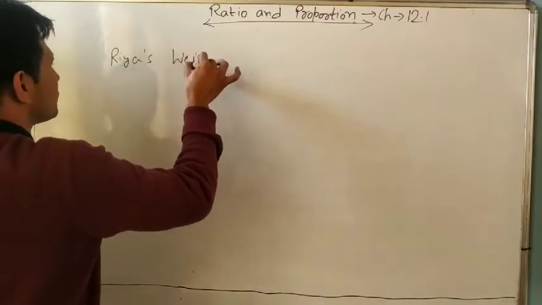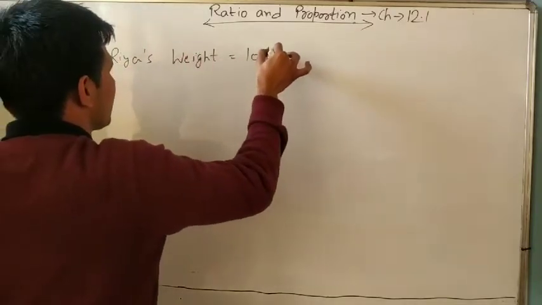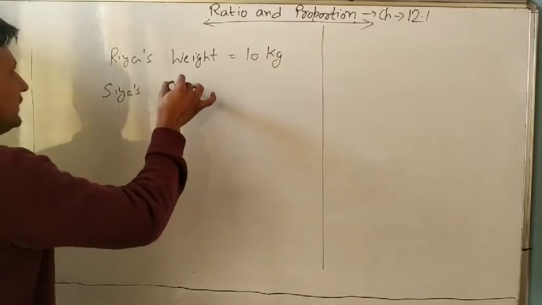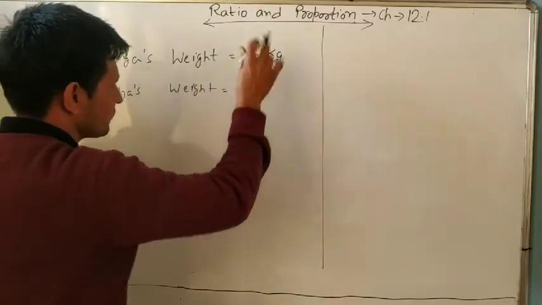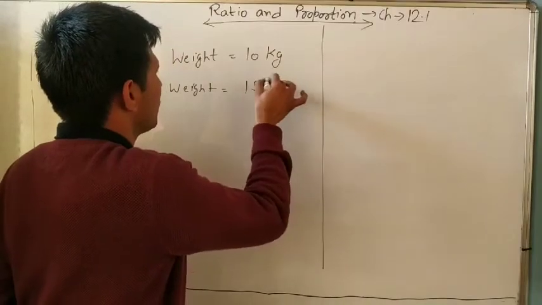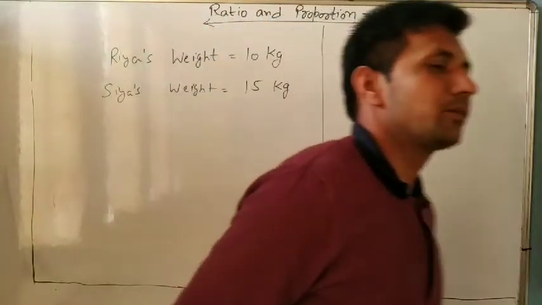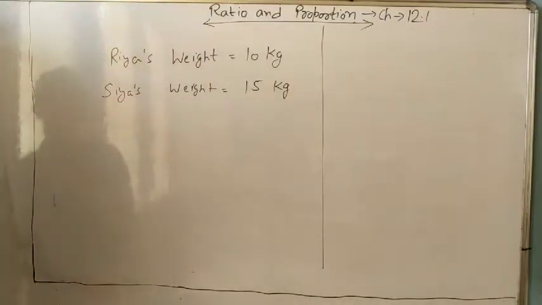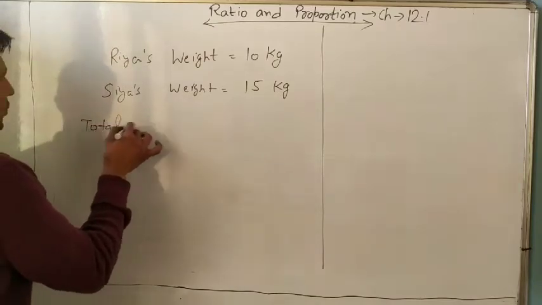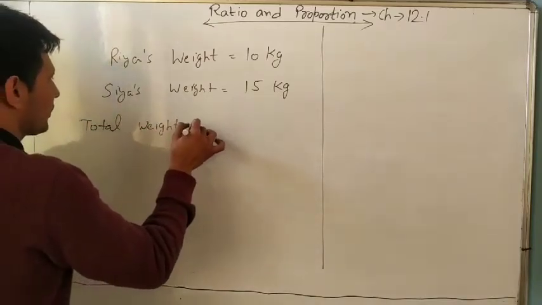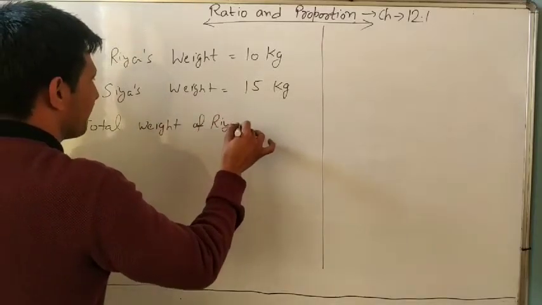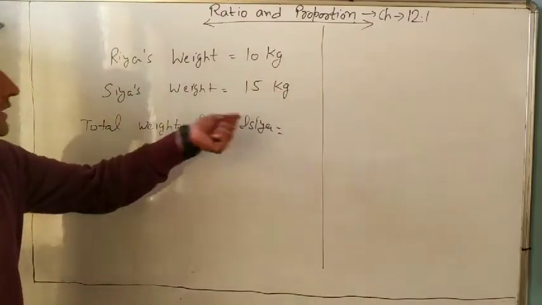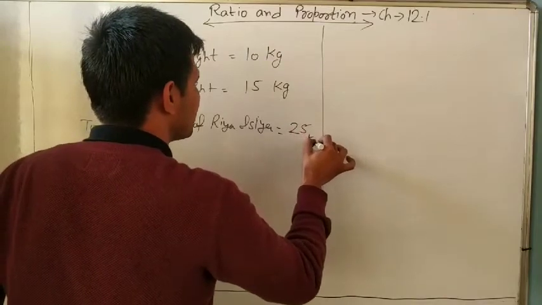Riya's weight is 10 kg, Sia's weight is 15 kg. If I ask you to write the total weight of Riya and Sia, how much? Total weight of both girls is 10 plus 15, 25 kg.